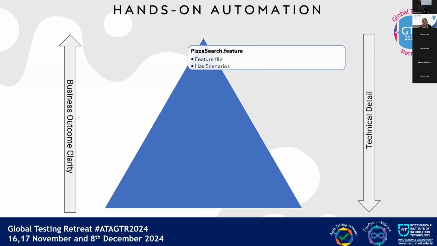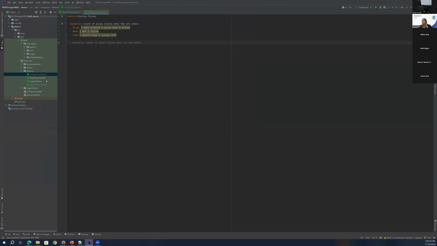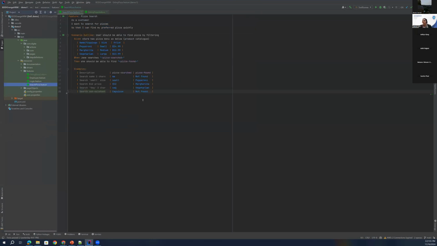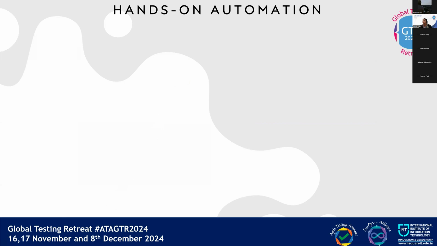So what we will do is we'll go here in our IDE. And for those of you who have access, you can just go to the Git URL and browse through this location. If you go to resources, feature, search pizza feature, this scenario is the same as the scenario which we saw on the previous slide deck, where we are trying to build the search functionality.